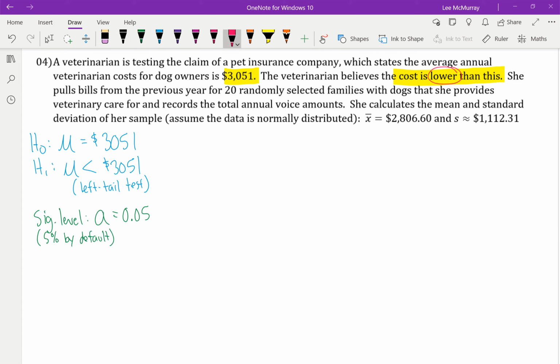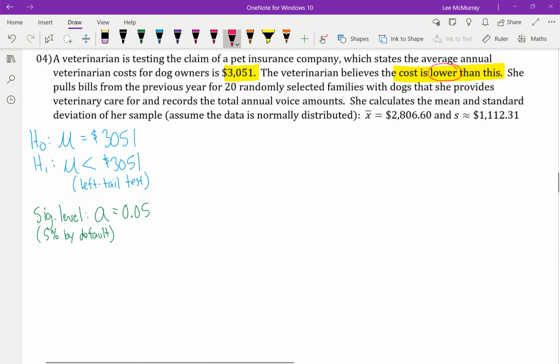Okay, so step 3, and now in this case, what are we going to use? We're going to use a t-test this time. So we're using a t-test in this case because standard deviation is unknown. Remember that I know we have a standard deviation there, but the population standard deviation is unknown. We're given just the sample standard deviation.